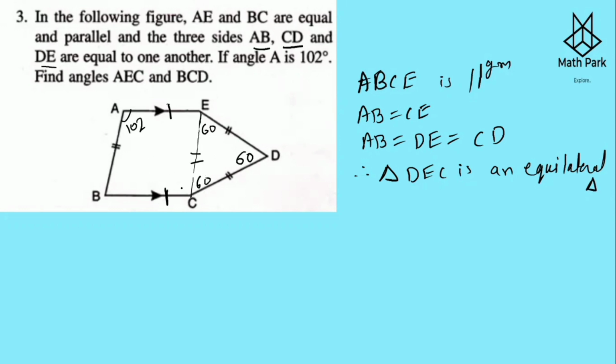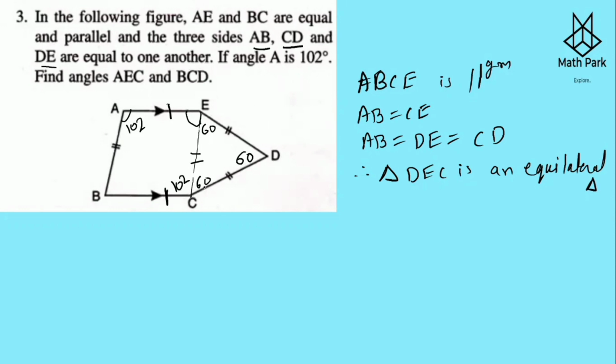Now this is a parallelogram. Therefore you have opposite angles are equal. So we have this as 102 degrees. Then we are asked to find angle AEC, and angle BCD, this complete angle is to be found out.